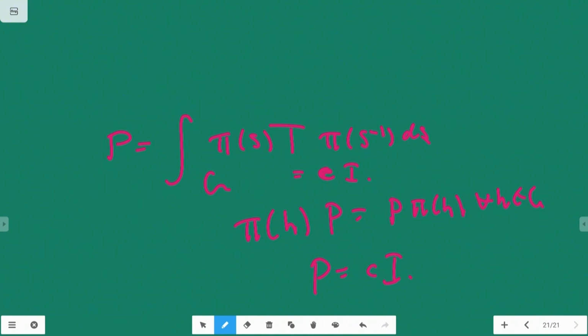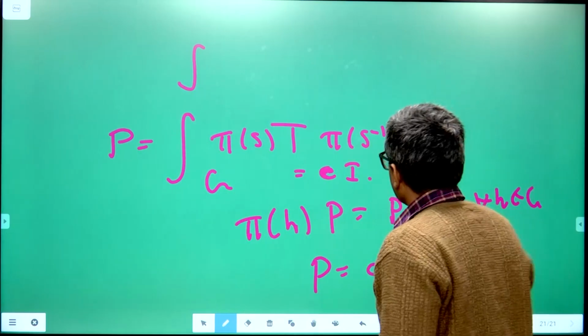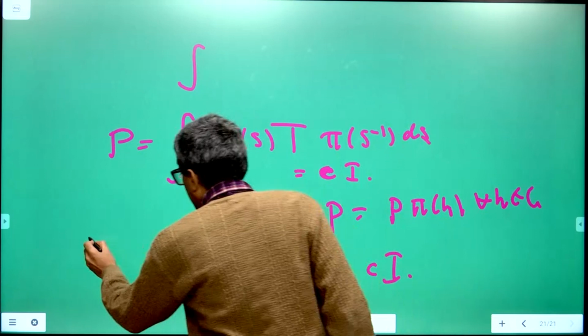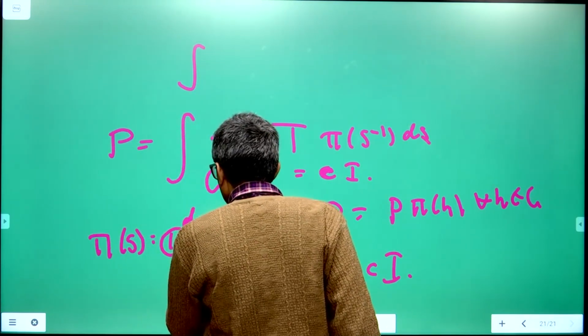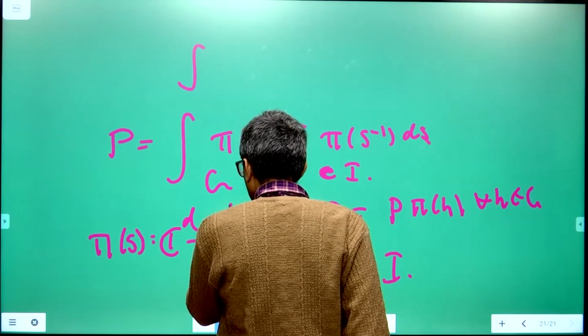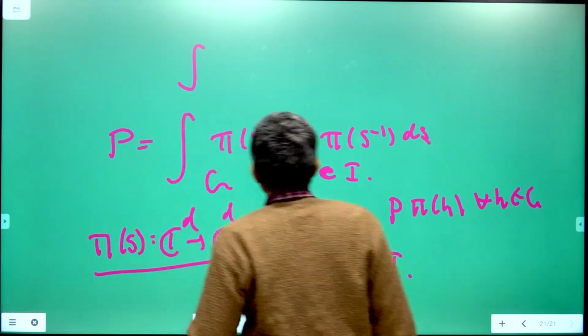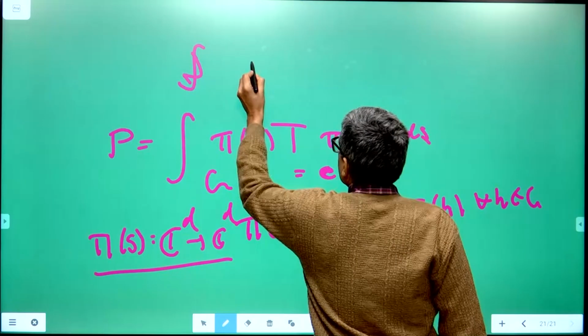You can see very easily that if you write this in matrix notation, it will give you the value of C. Take the trace on both sides. Suppose π acts in C^d, the d-dimensional space, so it is a d cross d matrix. If I take the trace on both sides, what do I get?